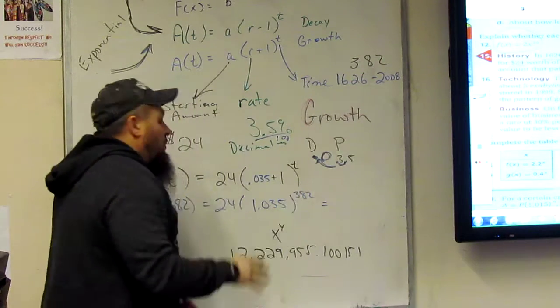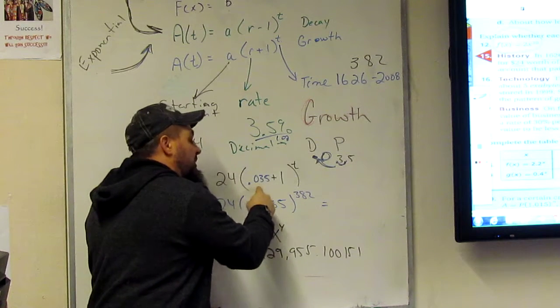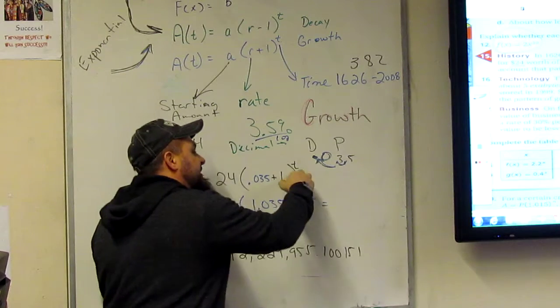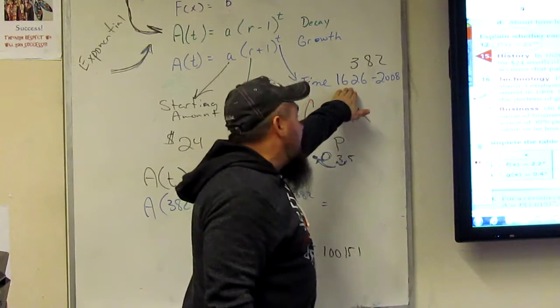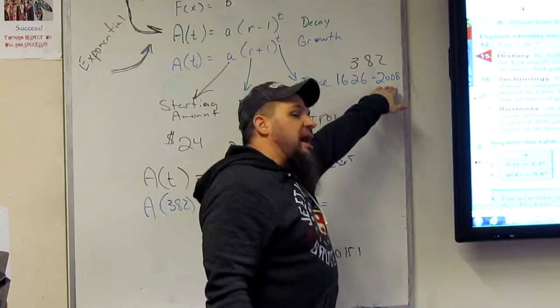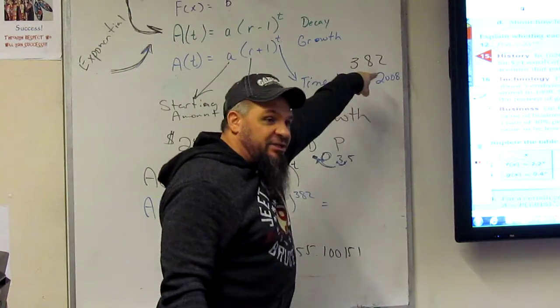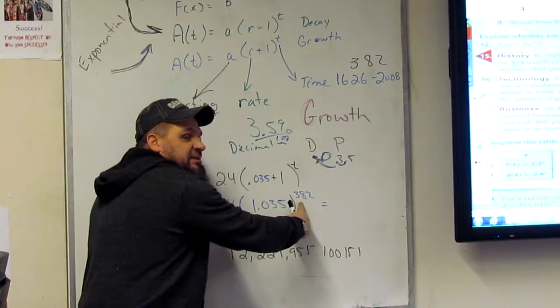Once you plug it into the formula, it's 0.035 plus 1, raised to the T. The T is the time. The time is 1626 to 2008, which is 382 years. So I plug in 382 years as the time.